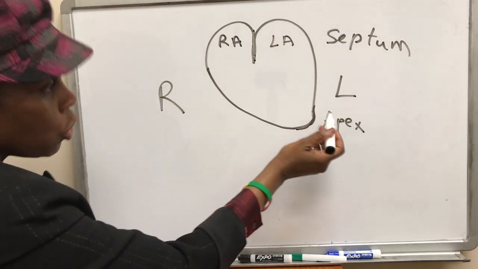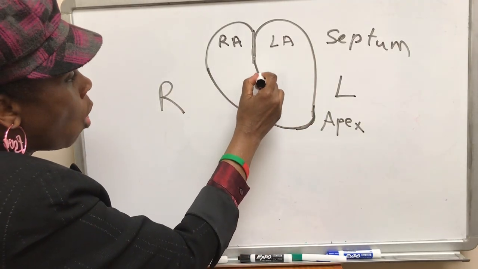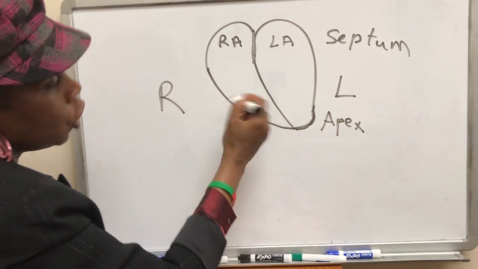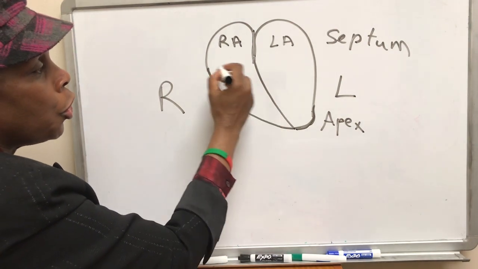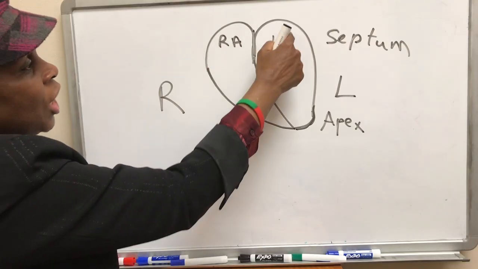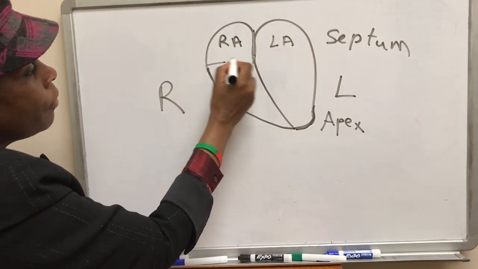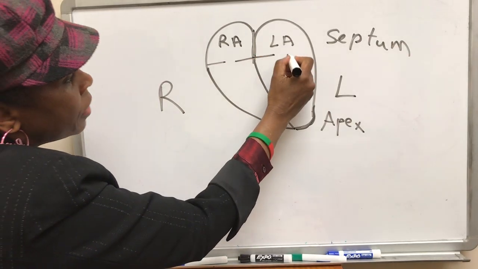The 2 ventricles are also separated by a wall. This wall is called interventricular septum.